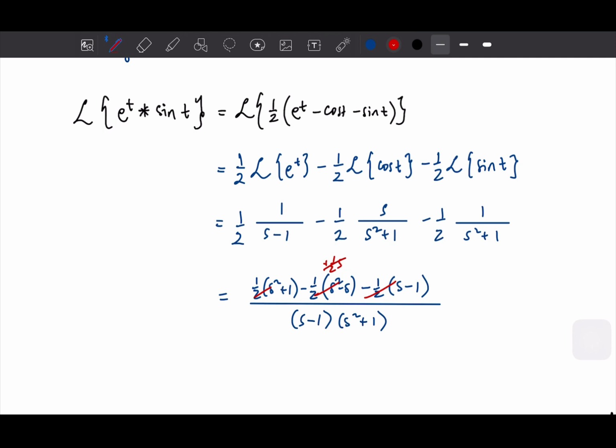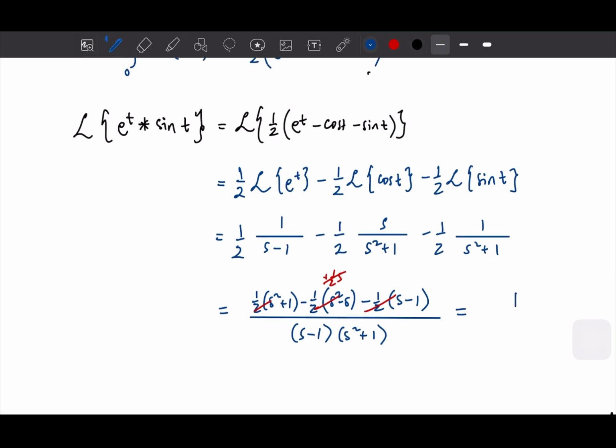So half plus half is 1, so this will be 1 over.